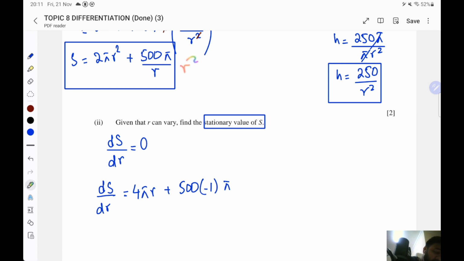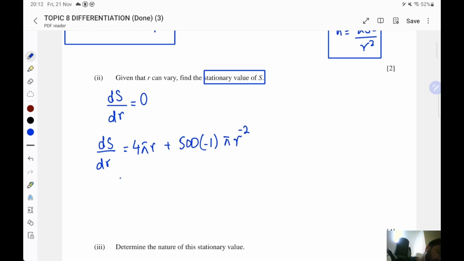Remember, r was to the power negative 1; when I reduce 1 from the power, it becomes r to the power 2. So dS over dr will be 4 pi r minus 500 pi divided by r squared.